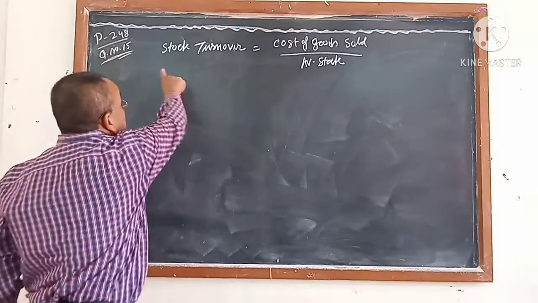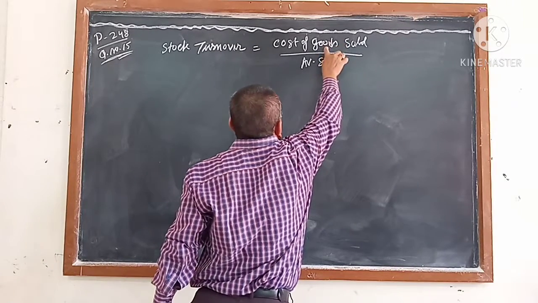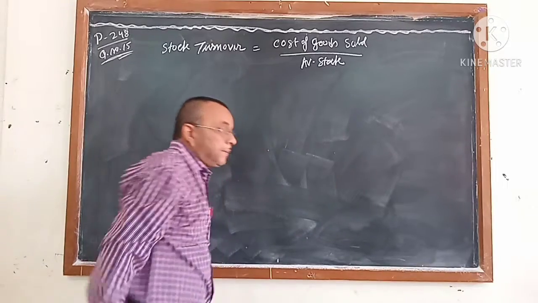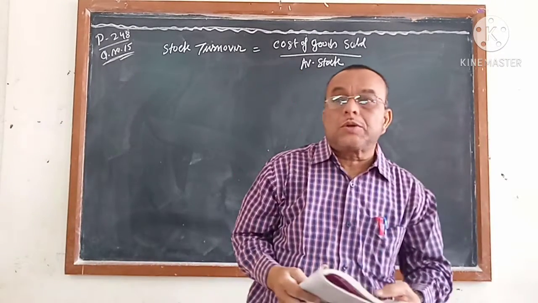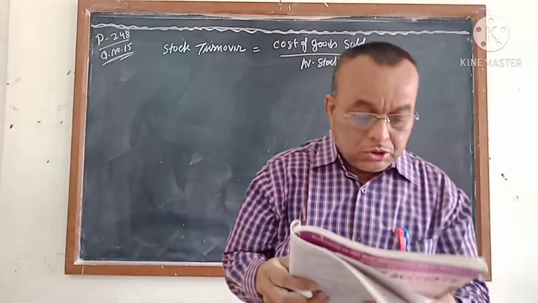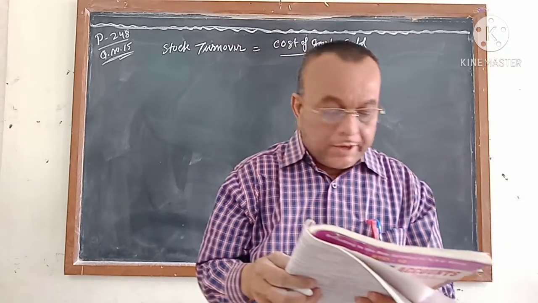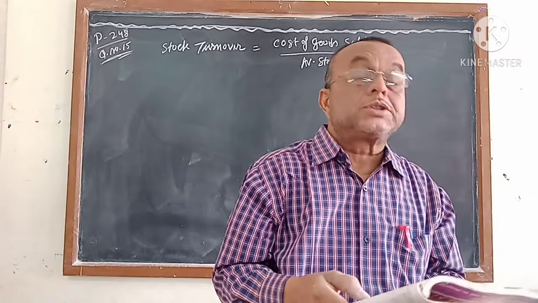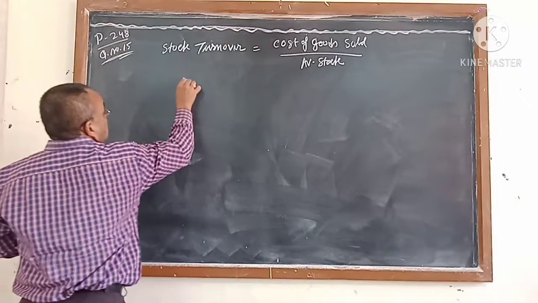So, to find out the stock turnover ratio, we have to calculate the cost of goods sold and we have to find out the average stock. Average stock, all of you know, is opening stock plus closing stock divided by 2. In your question, opening stock is given 3,50,000 and closing stock is given 2,50,000. So you are able to find out the average stock.